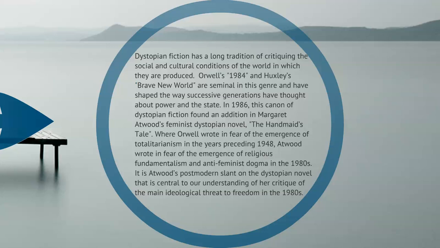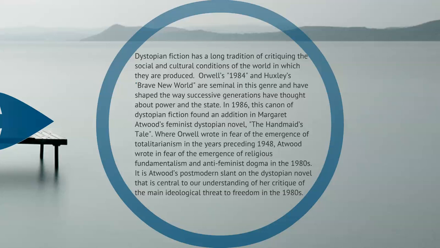Where Orwell wrote in fear of the emergence of totalitarianism in the years preceding 1948, Atwood wrote in fear of the emergence of religious fundamentalism and anti-feminist dogma in the 1980s. It is Atwood's postmodern slant on the dystopian novel that is central to our understanding of her critique of the main ideological threat to freedom in the 1980s.